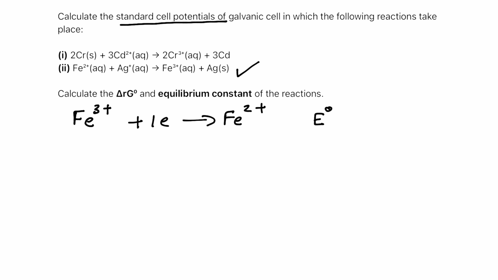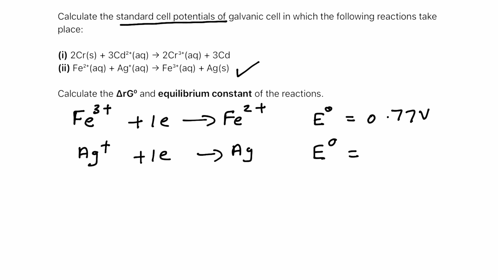E0 value is 0.77 volt. And for Ag plus, the reduction potential value, again you have to check your textbook table. You can see that value is 0.80 volt.